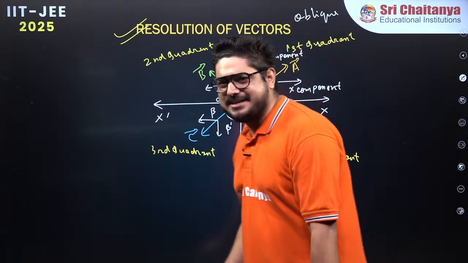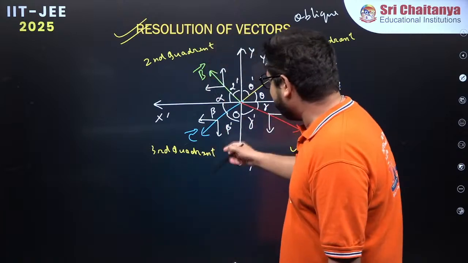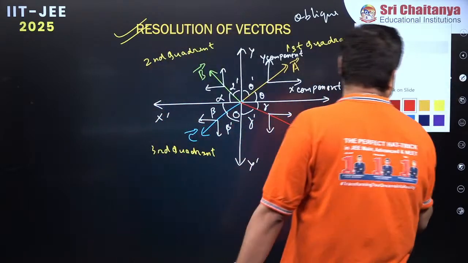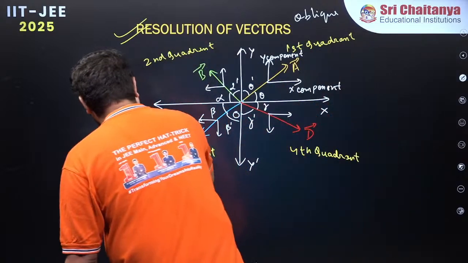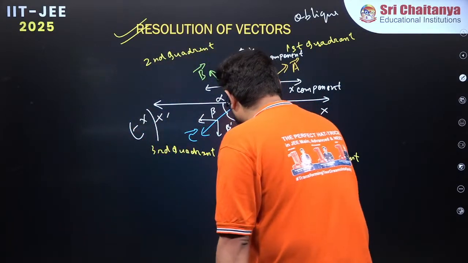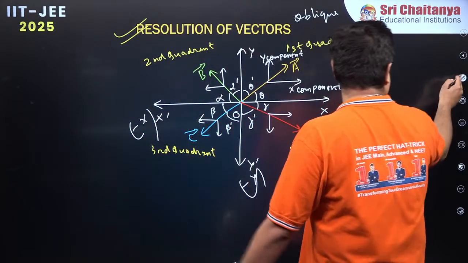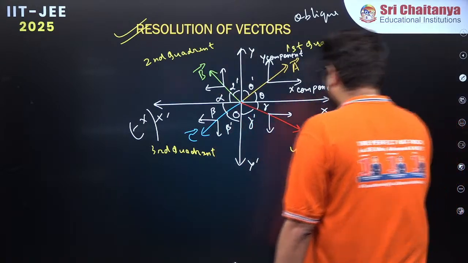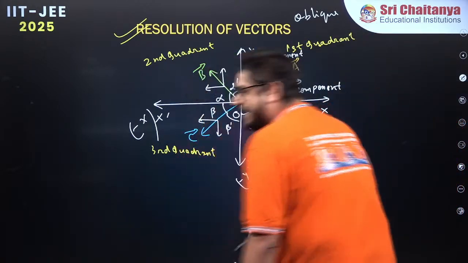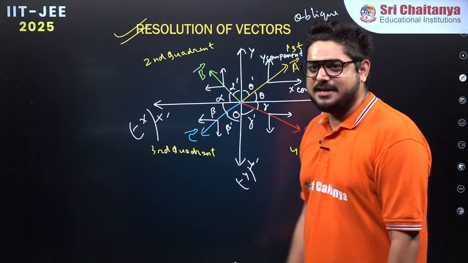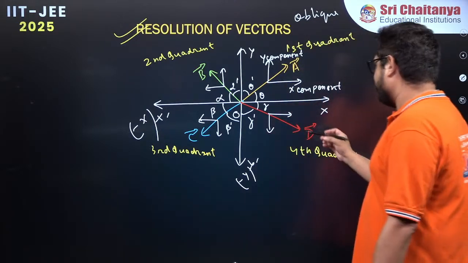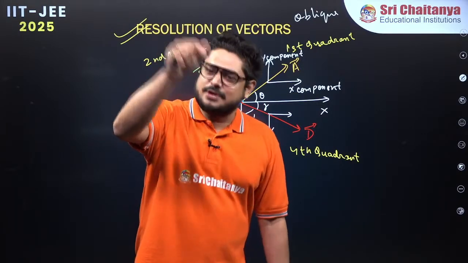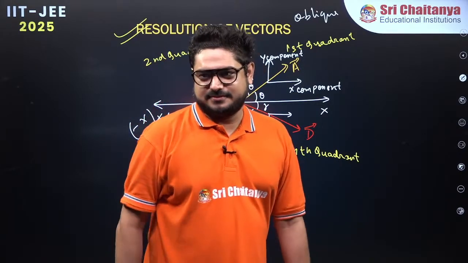For C vector, both the X and the Y component have to be negative, because along the negative direction of X axis there comes minus of X, and here it's minus of Y, isn't it? I hope everyone knows this sign convention of the Cartesian plane. So for the D vector, you can see that the X component has to be positive and the Y component has to be negative, isn't it?